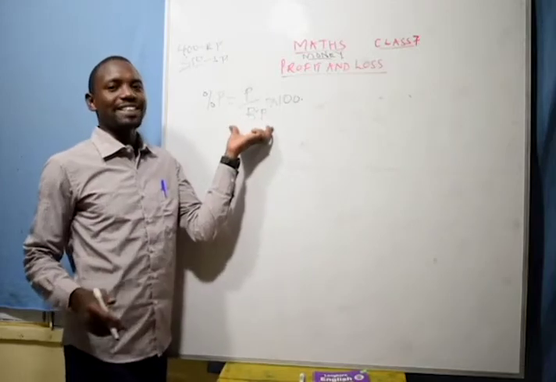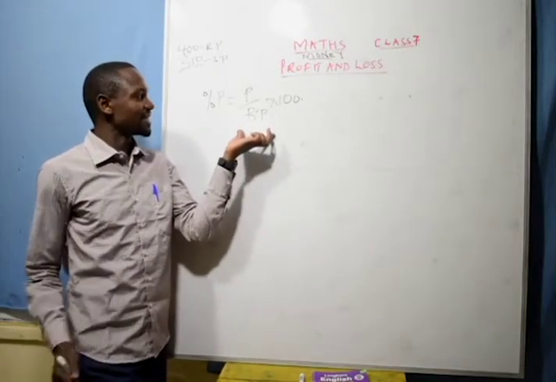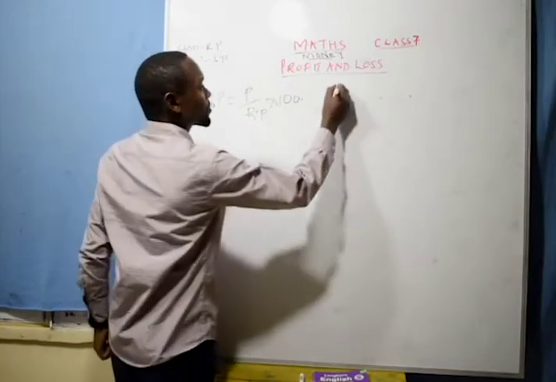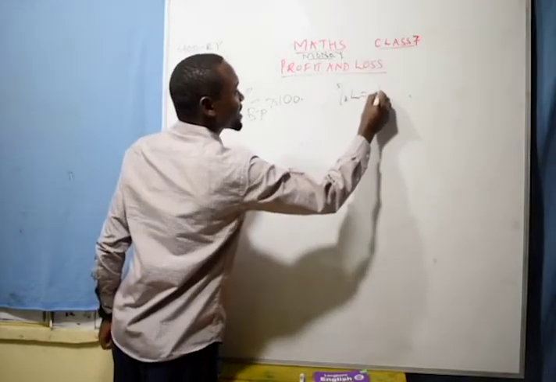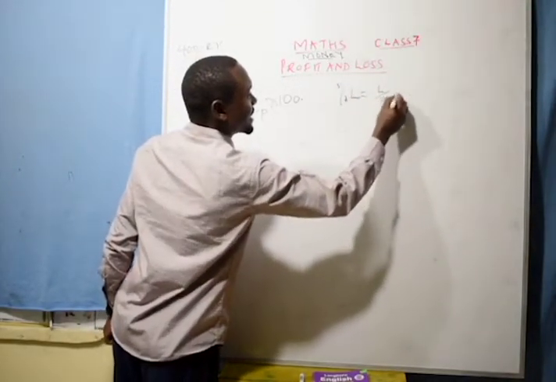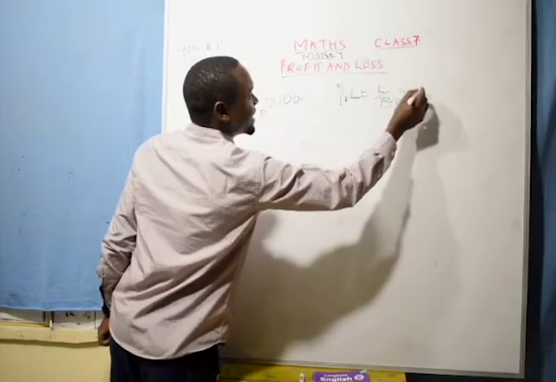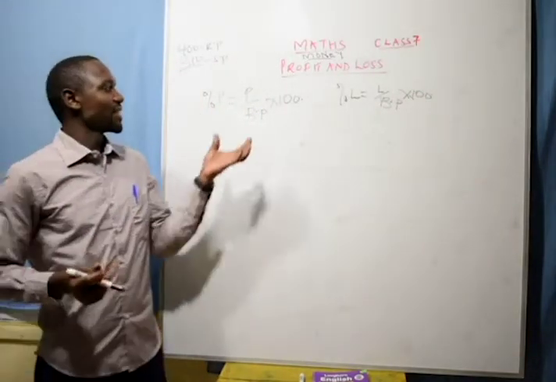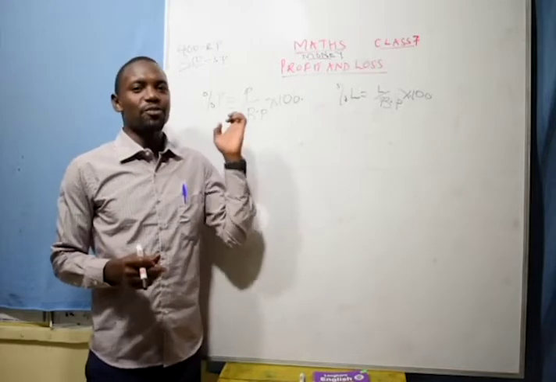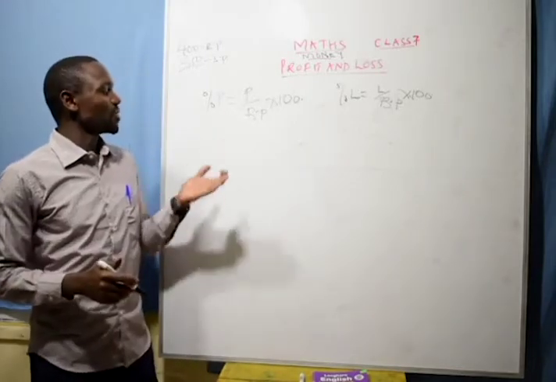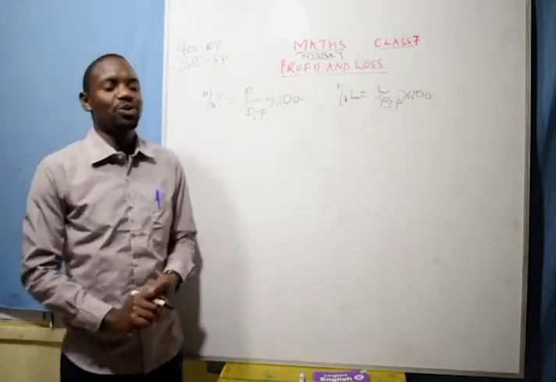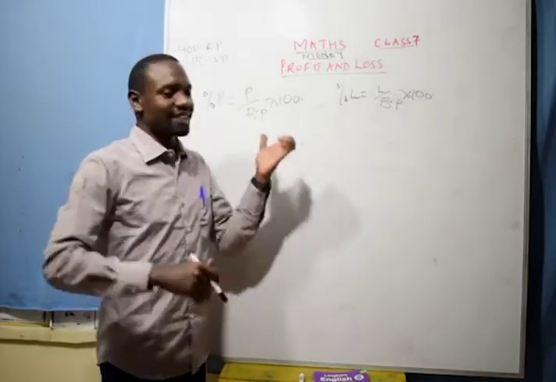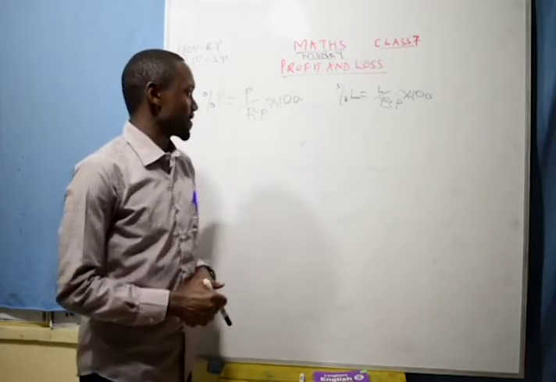The profit is gained from the buying price. Same applies to loss. To get percentage loss, you get the loss over the buying price times 100. The loss and the profit are calculated from the buying price, because it is from the buying price that you realize either a loss or a profit.